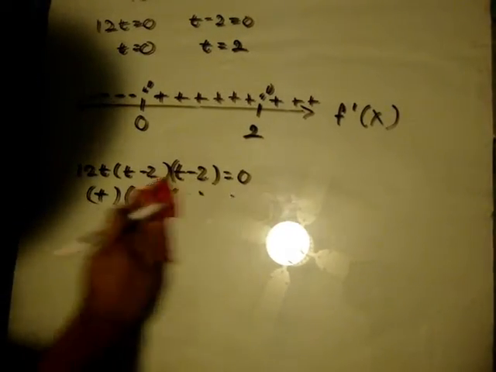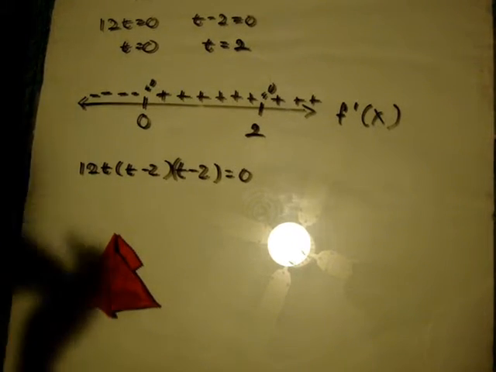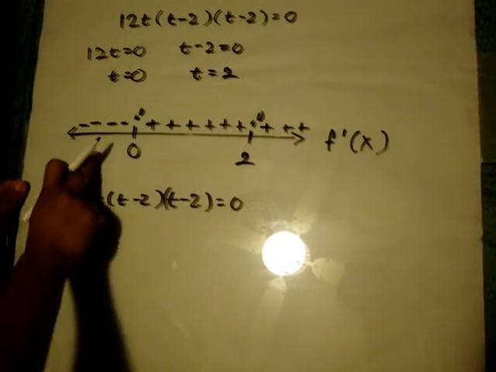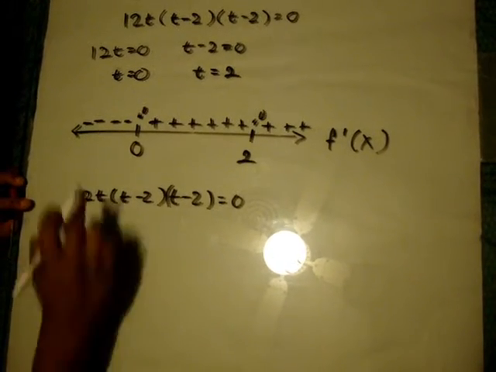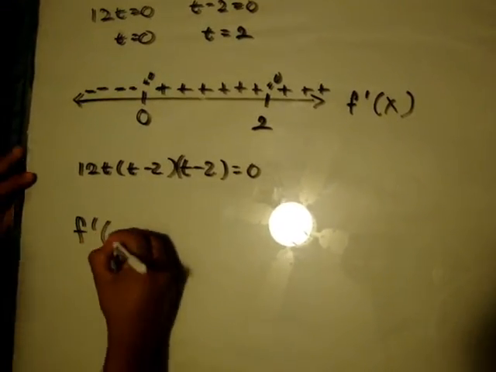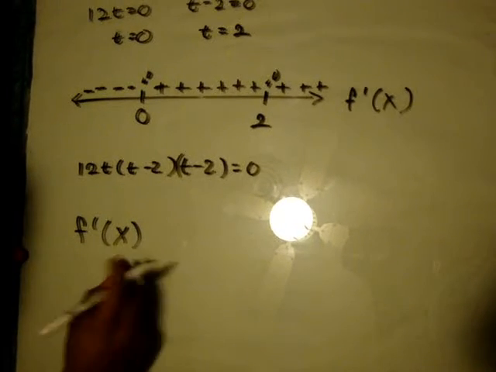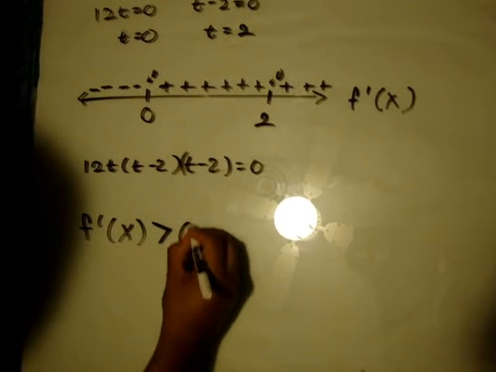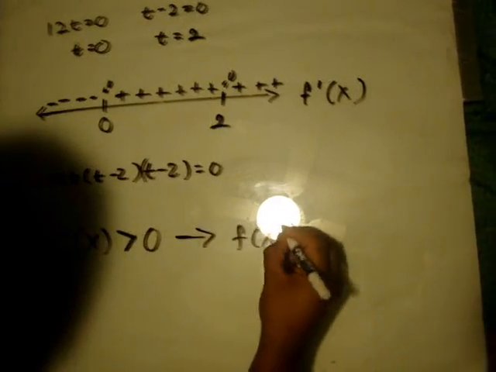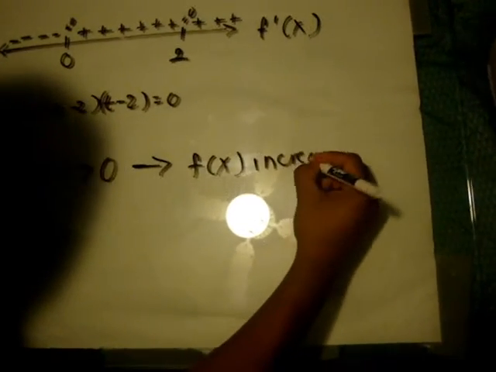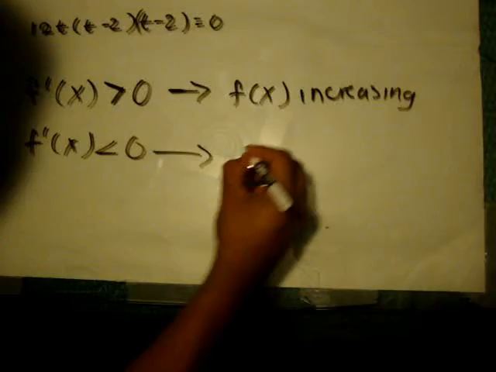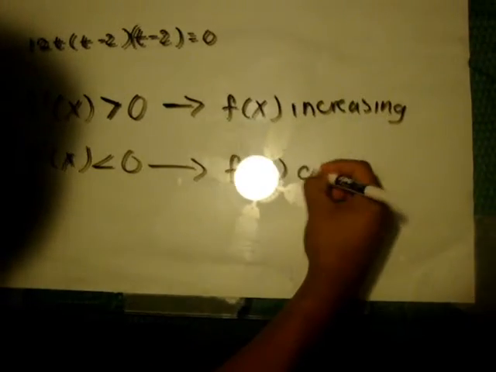Okay. So now that we have the sign change graph, by looking at this, you know where the original function f of x is increasing and decreasing, because when the derivative is more than 0, so when it's positive, that means that f of x is increasing, and when the derivative is less than 0, that means f of x is decreasing.